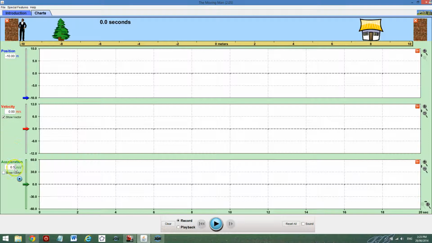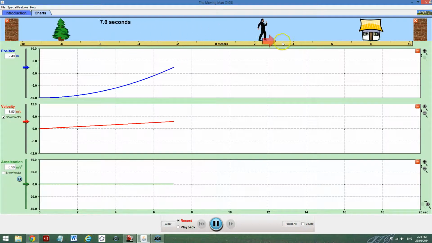I will discuss the units with you later. If I play now, you can see this man moves faster and faster and faster. If you look at the velocity, it moves faster and faster, then suddenly hits the wall and stops.